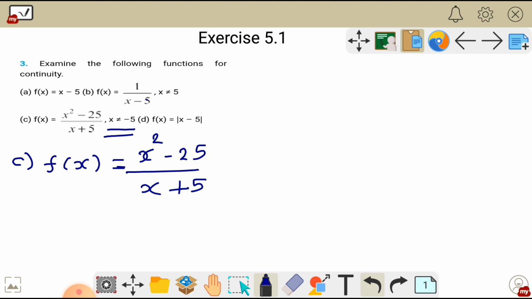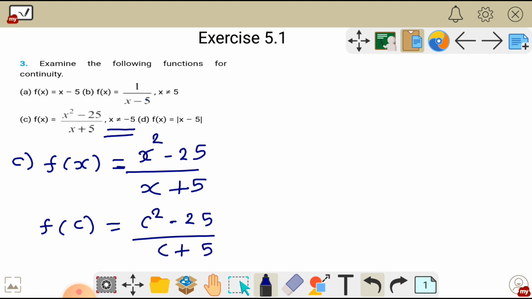So simply we can take a point C from the domain of f. Let us take any point C from the domain of f. So we get f of C is equal to C square minus 25 upon C plus 5.